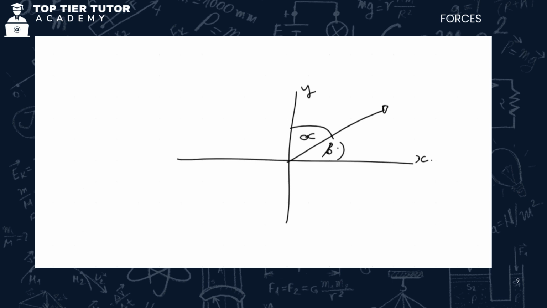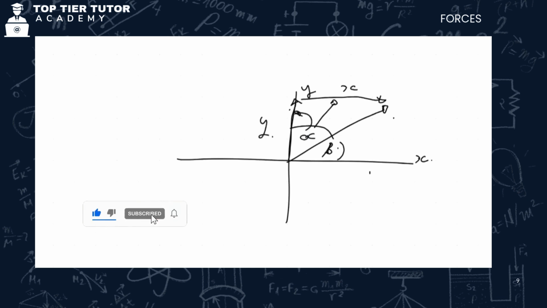So if they had given you alpha instead of beta, then we now need to understand if you're using your trigonometrical ratios correctly, your x is now the opposite, and the y is now adjacent to your angle.